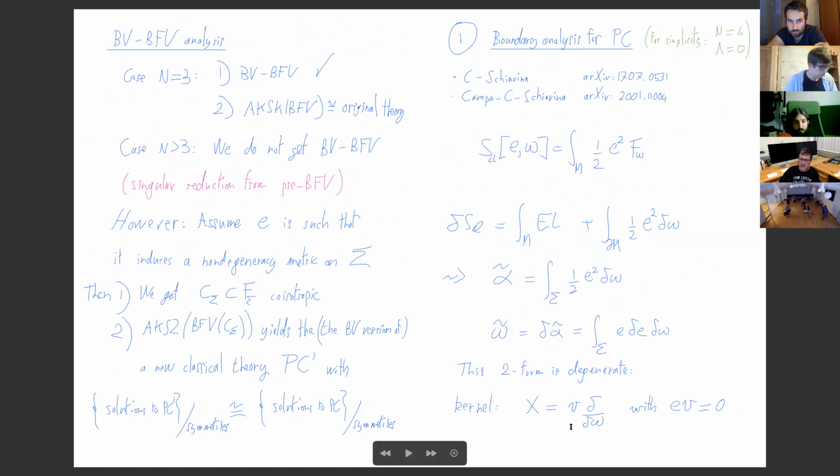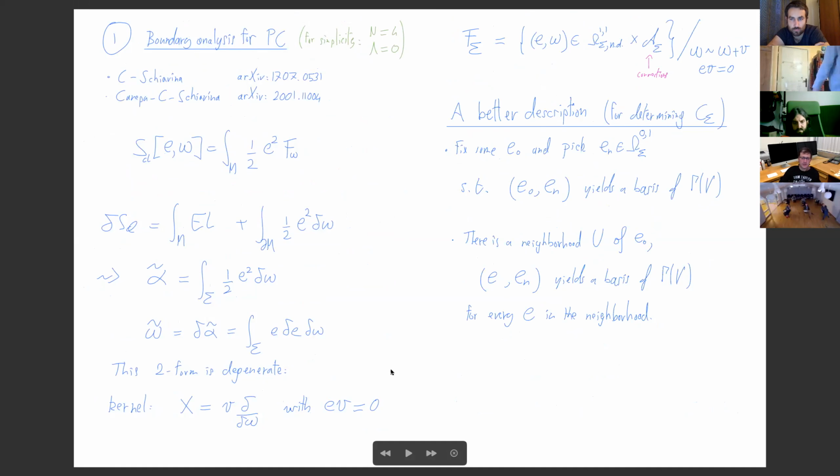Actually, the exercise is that the whole kernel of this 2-form is the span of vector fields with this property. So you can do the symplectic reduction, and it turns out that the correct space of boundary fields consists of 1-forms E on sigma that are non-degenerate, cross connections ω, modulo this equivalence relation that you can translate ω by some V that satisfies this condition.